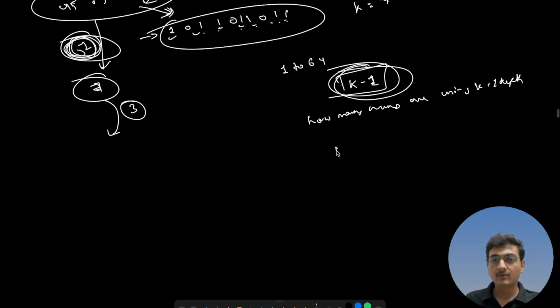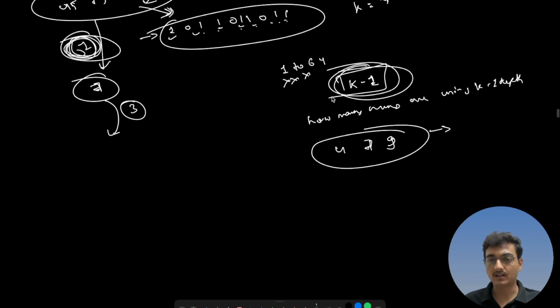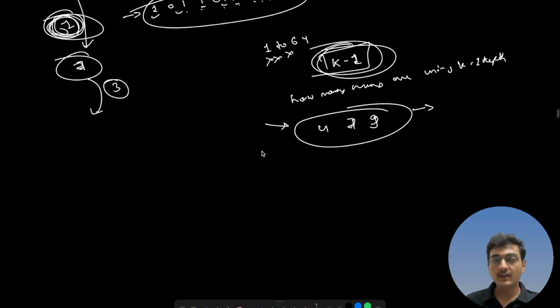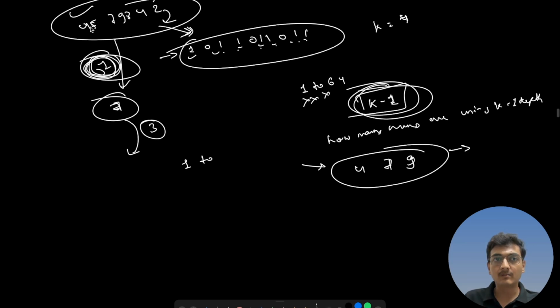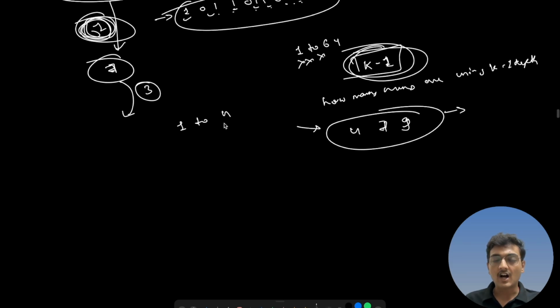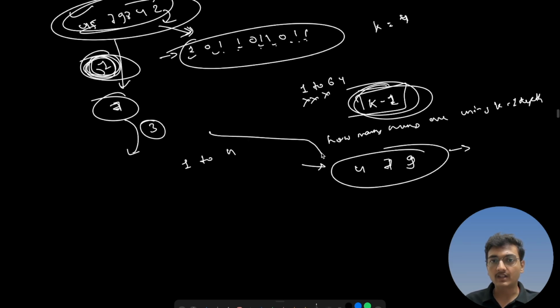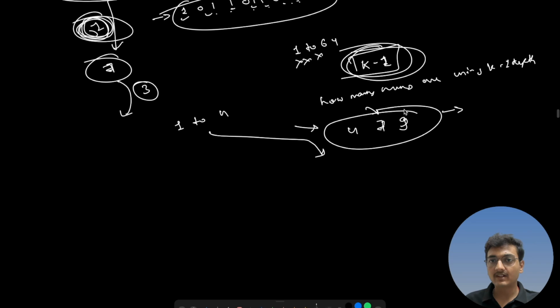Let's say for k 4, the numbers 4, 7, 9: only three numbers are using it. Then these numbers are of my interest. Rest all numbers I will discard. I don't have any interest in them. So I will be working on these numbers only. Now I need to figure out how many numbers from 1 to my huge number n are reaching any of these, either 4, either 7, or either 9, because these are using k minus 1 depth.